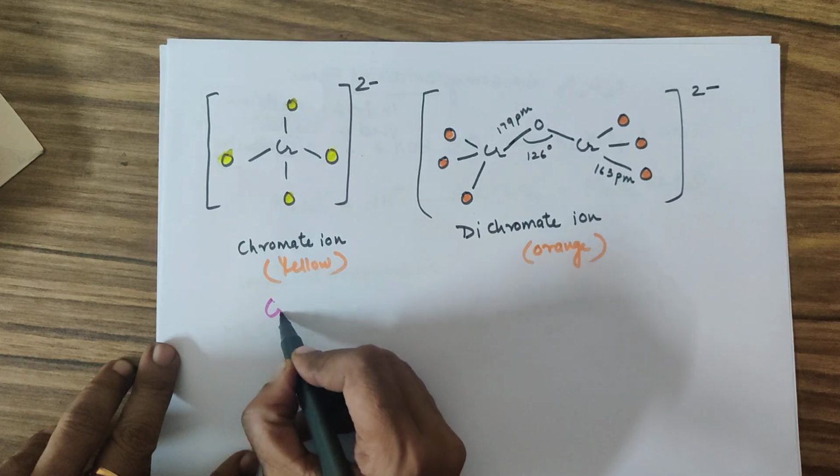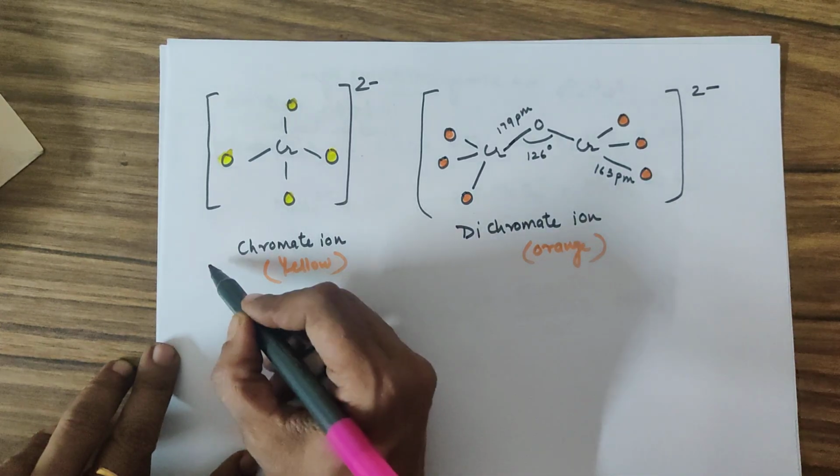Now this is your CrO4 2-, called the chromate ion.